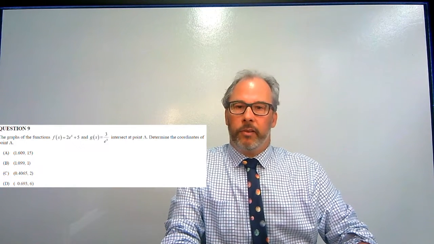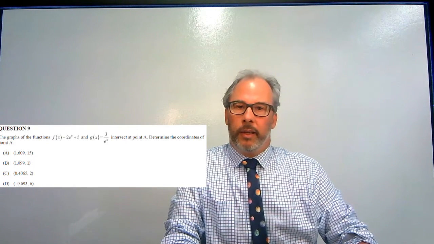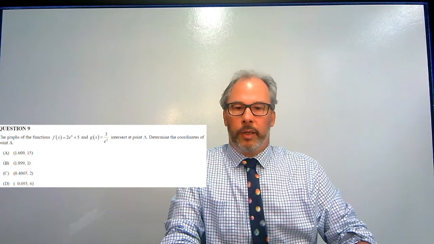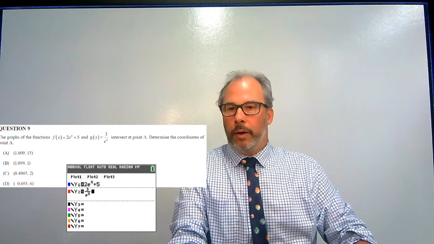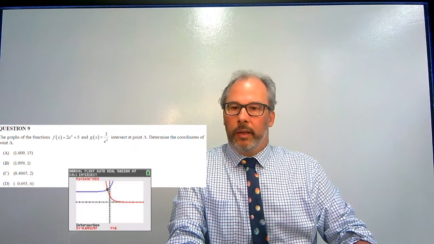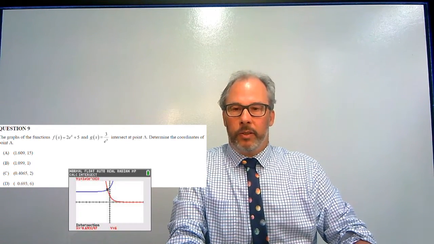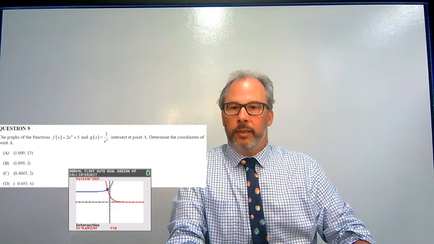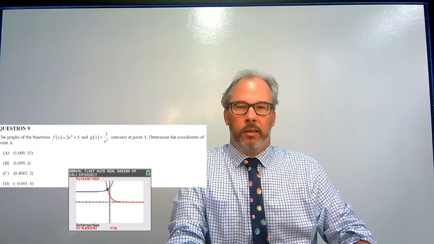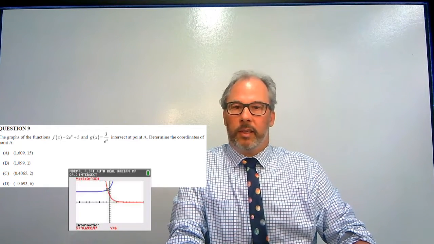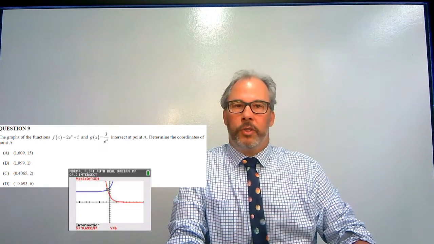G of x is 3 over e to the x. If I type those two functions into y1 and y2, and then I sketch them, I can determine that the intersection is given there, negative 0.693 and 6. So the answer is D for question 9.